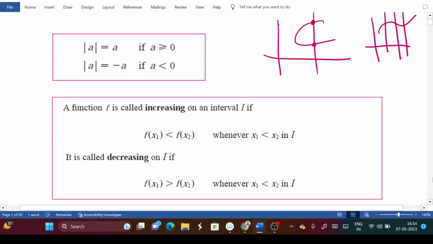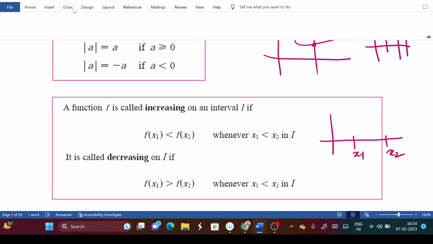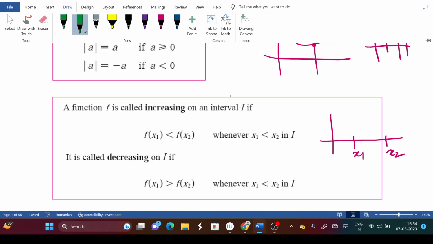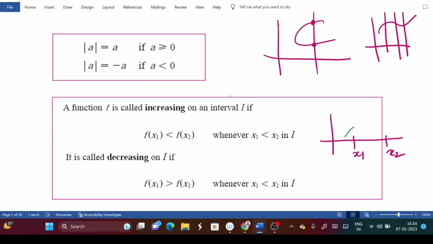Now what do we mean by an increasing function? Suppose I have here x1, here x2. Observe that x2 is greater than x1. Whenever my x2 is greater than x1, my function's value also increases: this is my f of x1, and this is my f of x2.